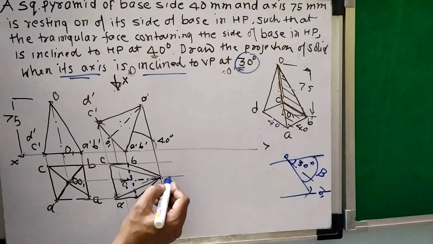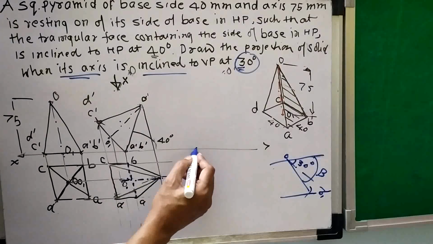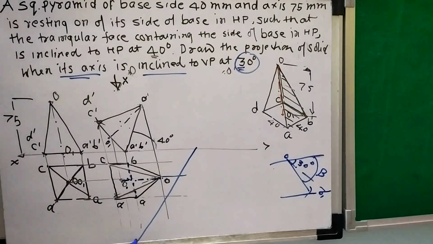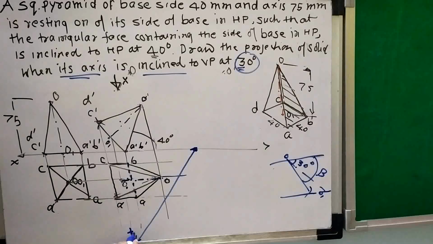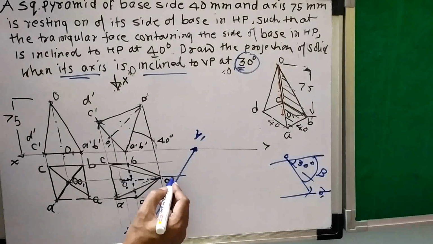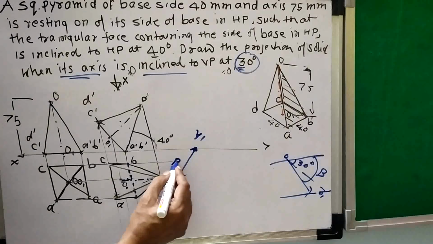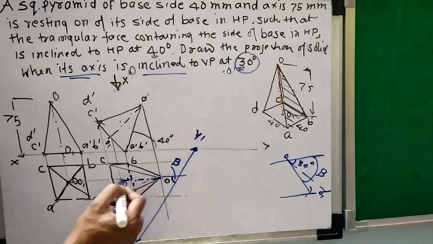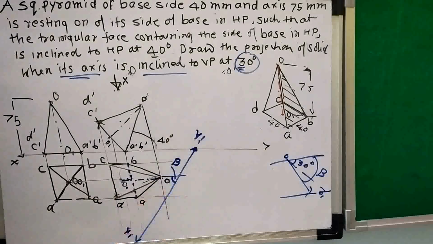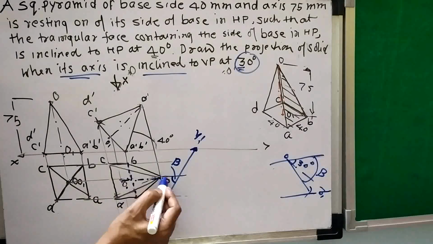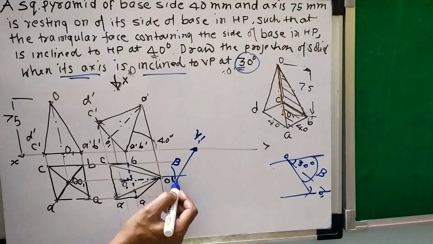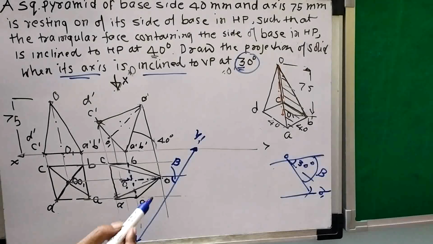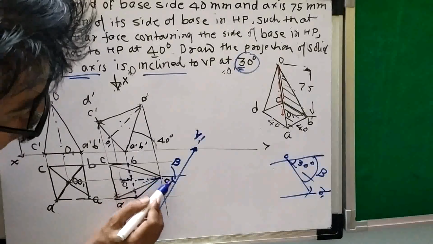I will extend this axis and here I will take an auxiliary plane, that is x1 y1, at an angle of beta degree to this axis. So to this axis I take the auxiliary plane at a suitable distance, at beta angle, and then I will project this object on this xy.